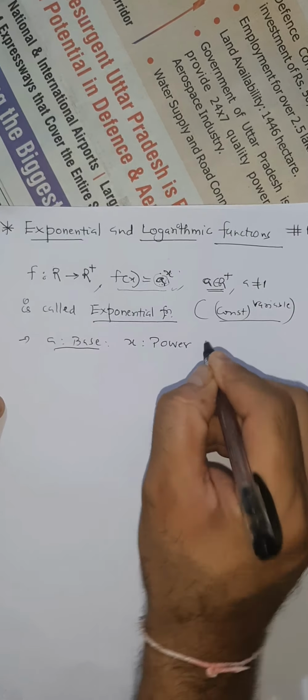If I have log 2 to the base 10, if I take the reciprocal, it is 1 upon log 10 to the base 2. If you take the reciprocal of the log function, these two get interchanged.